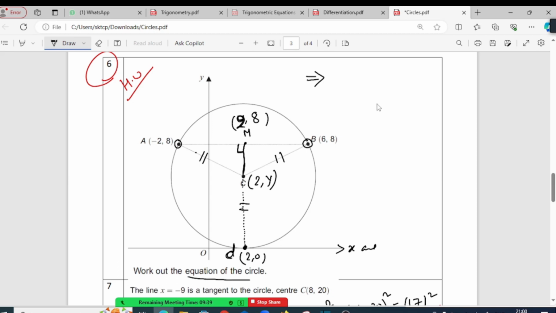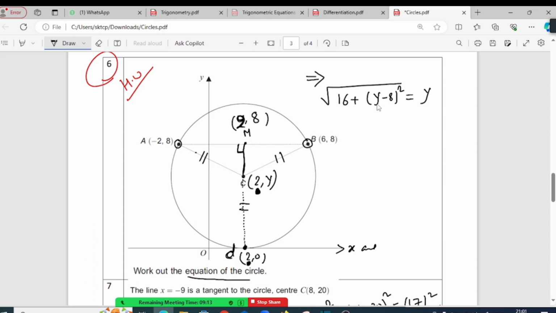Now AC. What will be AC, Rishi? AC should be equal to the square root of (2 minus (-2)) whole squared, that is 4 squared, that is 16, plus (y minus 8) whole squared, should be equal to, this is the y directly, isn't it? Because its x coordinate is the same. The x coordinate of this is already the same, so we can write the distance directly as y.